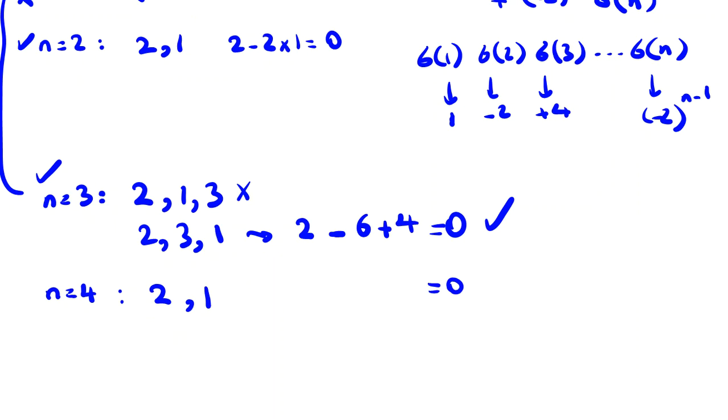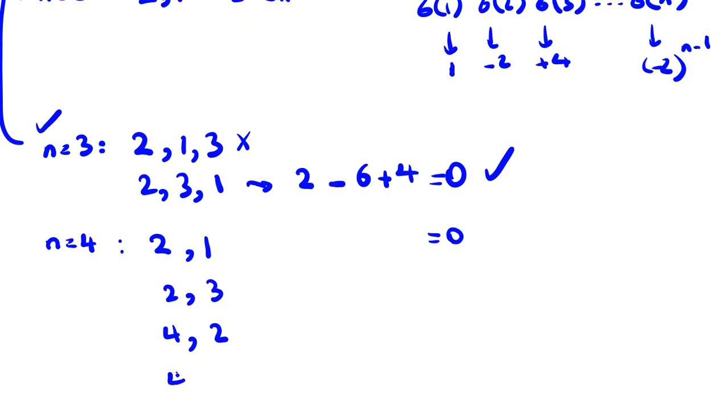Let's consider 2: if you place 2 here it is not okay. If you place 3, it is okay. If you place 4, it's not okay. We can't have 4 twice. If you replace 4, for example negative 2 times 4 or negative 2 times 3, all of them are bad. So we consider 4, 2 only.